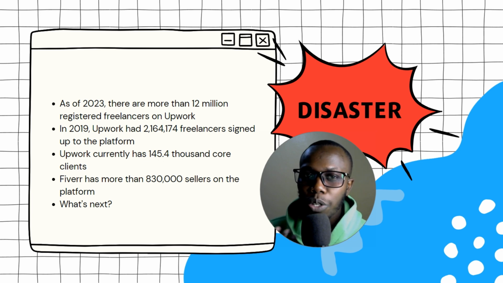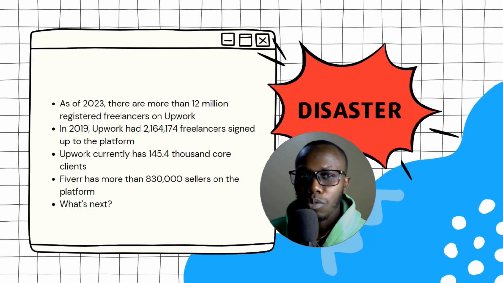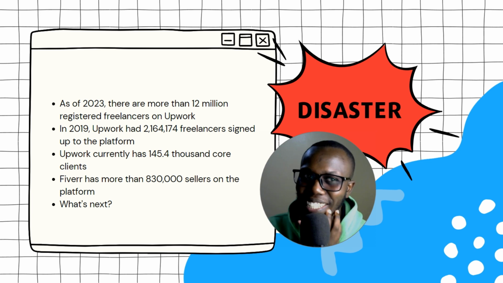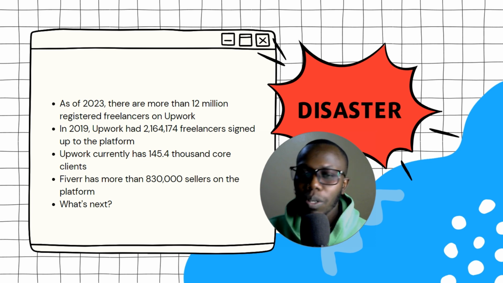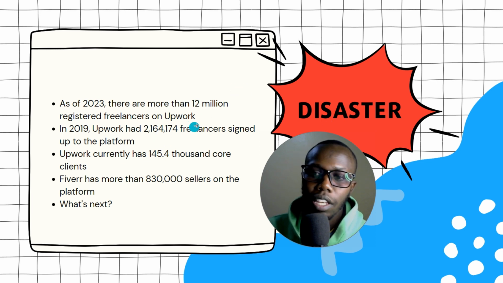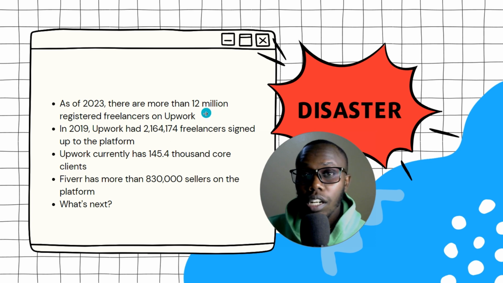That's why when you join that platform, most of the time there is nothing to smile about. You find that people are being paid like peanuts. It's because of the supply, because of what you're seeing here. There are 12 million looking for work, and fewer than 200,000 giving out the work.